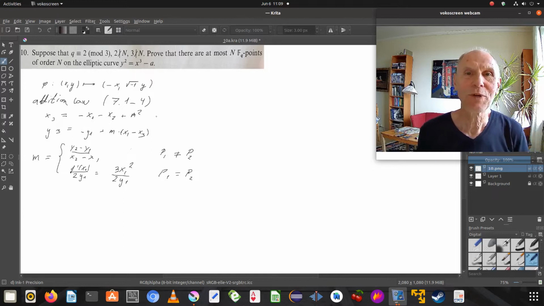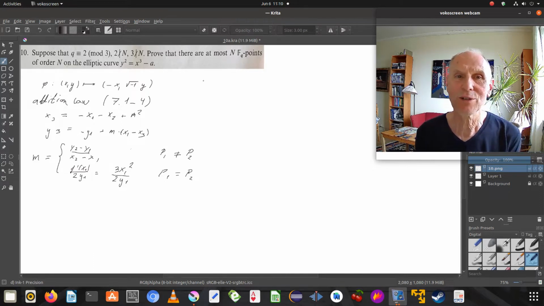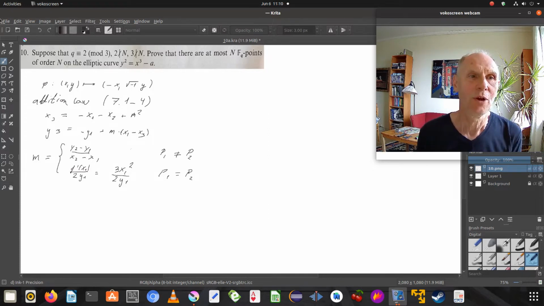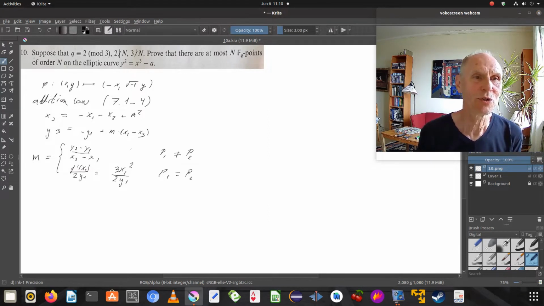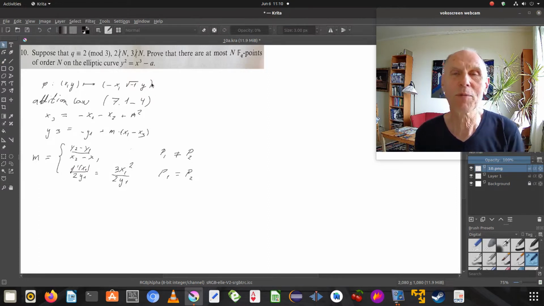I actually was ready to restart recording a few days ago, 2 days ago, but then I realized that I had no idea at all. What I wanted to do was to use the same method as in problem 9, starting with this automorphism, but with this condition, sometimes square root of minus 1 lies in F_q, and sometimes it doesn't.